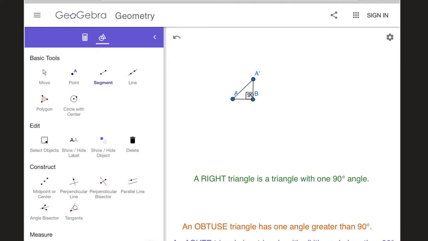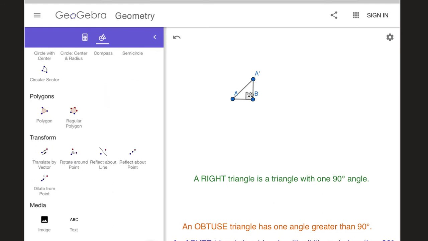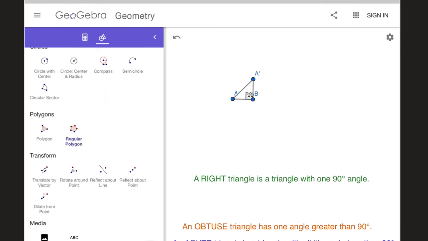Furthermore, I also want you guys to take the side lengths of the triangle and, using the side length, make a square and find the area of that square. So we're going to do that. To do that, we scroll down, look for regular polygon, not just polygon.